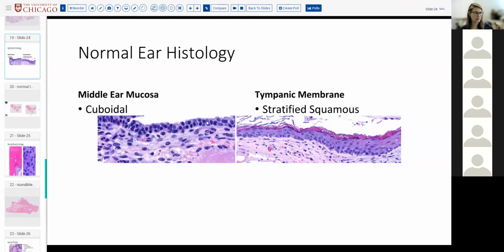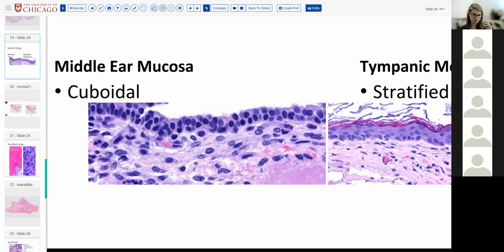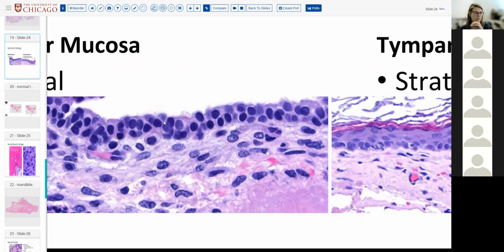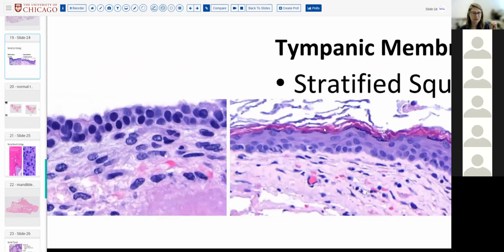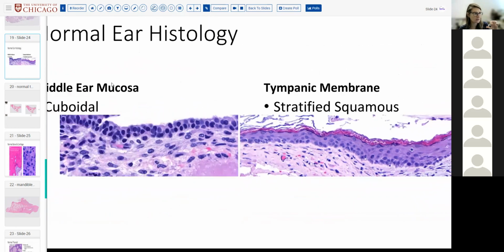Very briefly, we'll talk about the middle ear. We don't see ear too much, but know that the middle ear mucosa, where people sometimes get chronic otitis media or little middle ear tumors, is lined by a low cuboidal epithelium, very bland and nondescript. However, the tympanic membrane is lined by a very thin layer of keratinized stratified squamous epithelium.